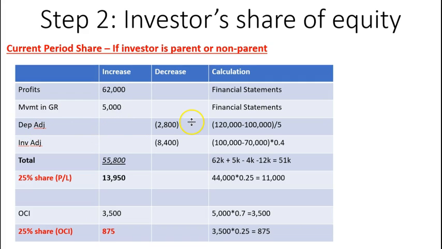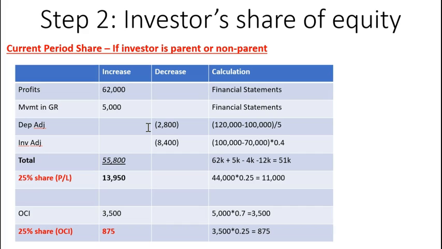So the next one, our depreciation adjustment. Again, similar to the last slide, the prior period calculation, except this time we are only worrying about the current period, so we only need 1 year of depreciation adjustment. So we know that our machinery had a fair value of $120,000, but Rareco had a carrying amount of $100,000.